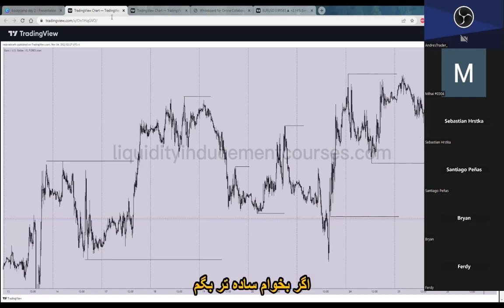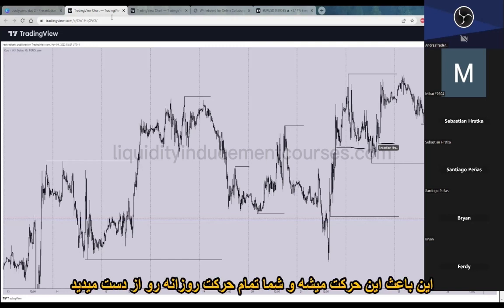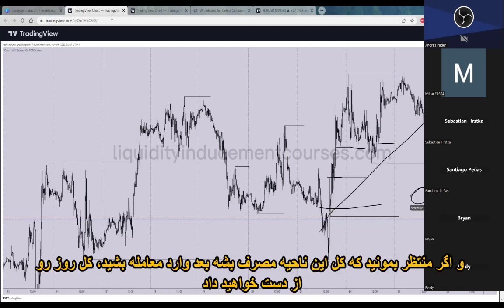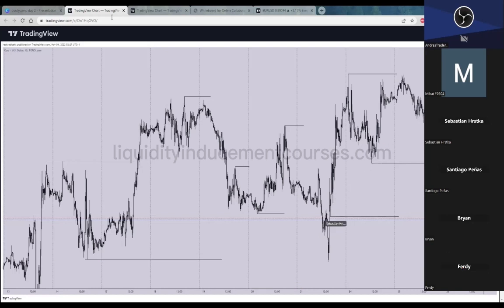Let's say this is the first liquidity, right? Price can just do this, and you're gonna miss the whole intraday move. And again with this, you can have a reaction, and you're gonna miss another intraday move if you wait for the whole thing to get taken out. So yeah, so glad you marked it out. You can move to the next one.